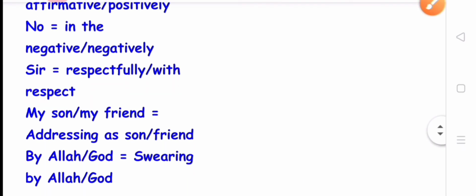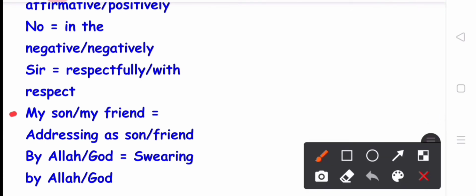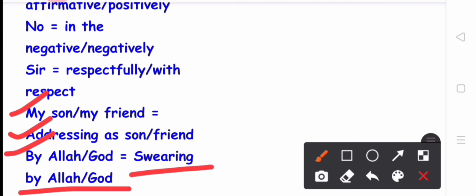If we find an address like my son or my friend, then instead of this we will write addressing as son or addressing as friend. And if you find swearing like by Allah or by God, we'll write swearing by Allah or swearing by God.